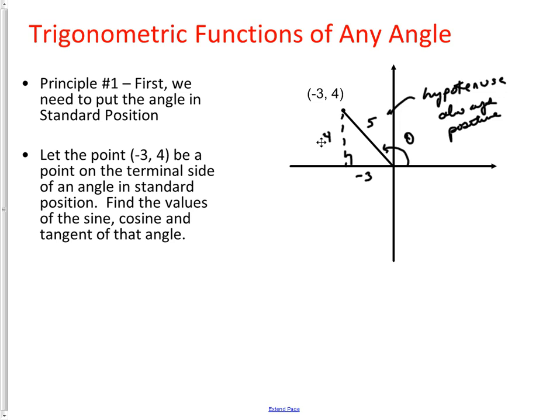Okay, so given all that information, you'll notice that inside of this right triangle, there's a reference angle theta prime. Well, it doesn't matter what the reference angle is in this case, since our sine, cosine, tangent, secant, cosecant, and cotangent were defined in terms of the ratios of sides of an acute right triangle.